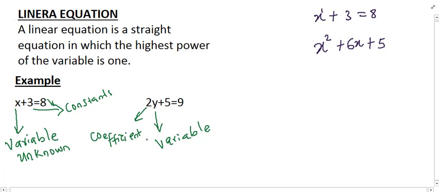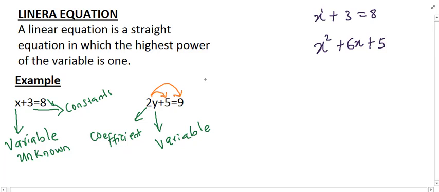A coefficient is a number that is written together with a variable, and a coefficient is never the same as these other numbers you have here. They are never the same as constants. They are quite different. Oftentimes I advise students while solving to consider the coefficient as a multiplier of the variable.